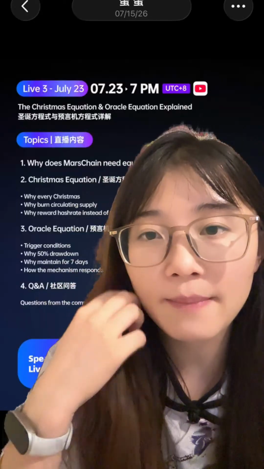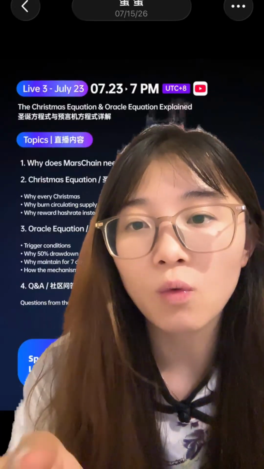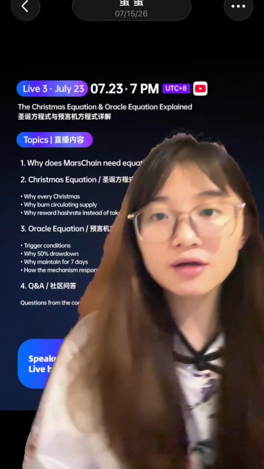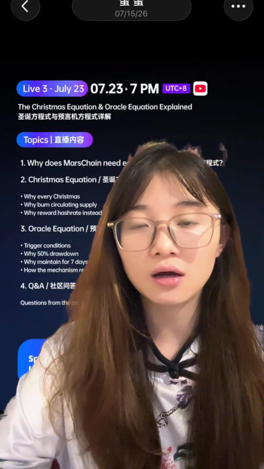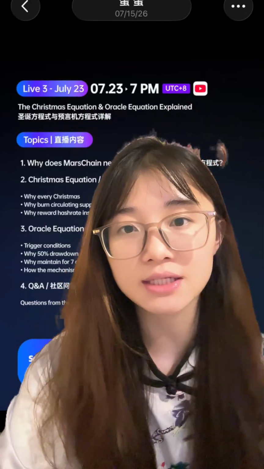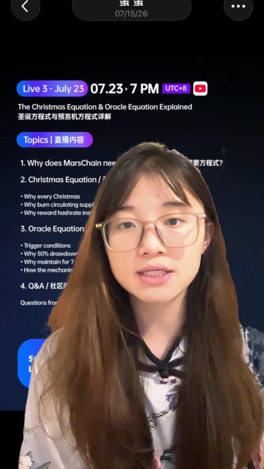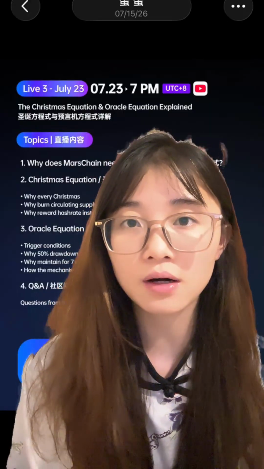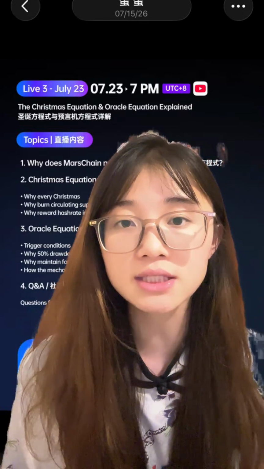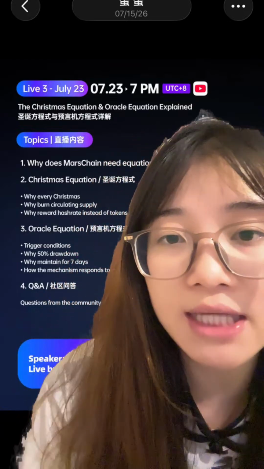Continuing the topic about the Oracle equation: what are the trigger conditions? We already have one protocol equation, Christmas. Every Christmas, it needs the participants to burn 35% of circulating supply. So why would we create another one?